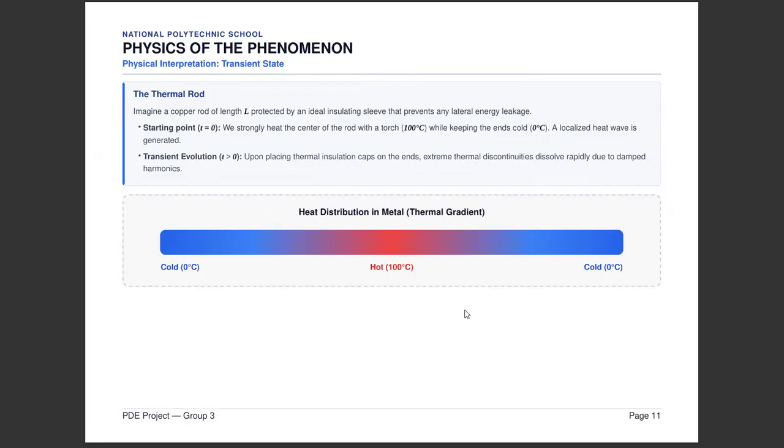The higher Fourier modes disappear quickly, while the lower modes remain for a longer time. Eventually, the entire rod reaches a uniform temperature. Because the rod is insulated, no thermal energy leaves the system. Next slide, please.